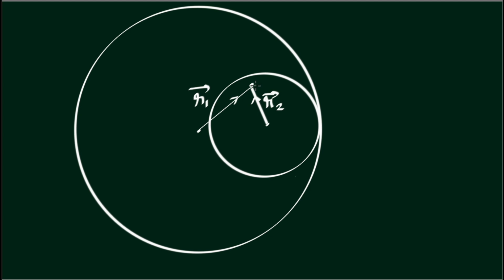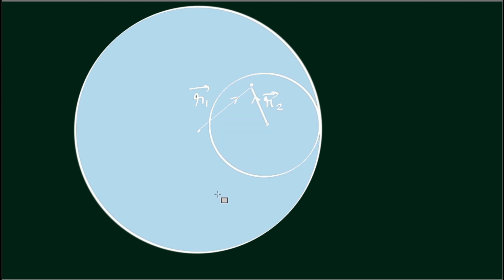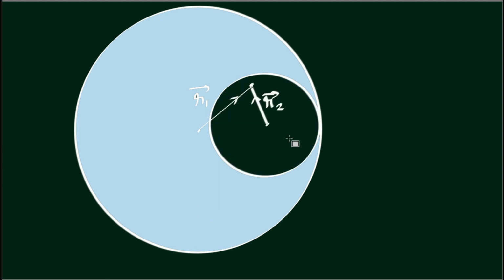Now the magnetic field at this point, due to the current flowing through the full cylinder, that is through this area, minus the current flowing through this area, will give us the magnetic field at that point.